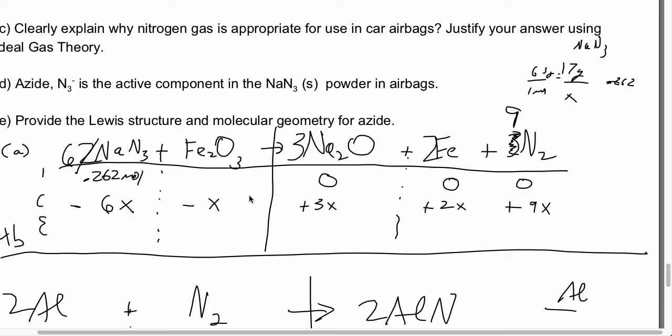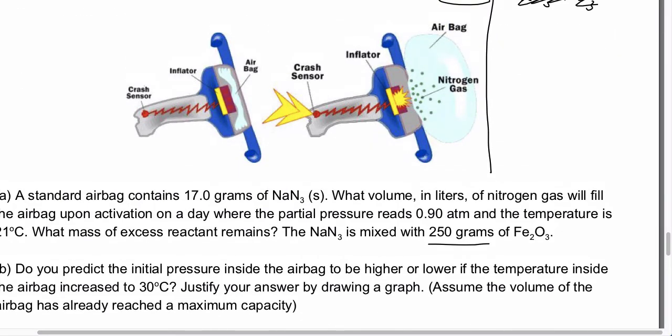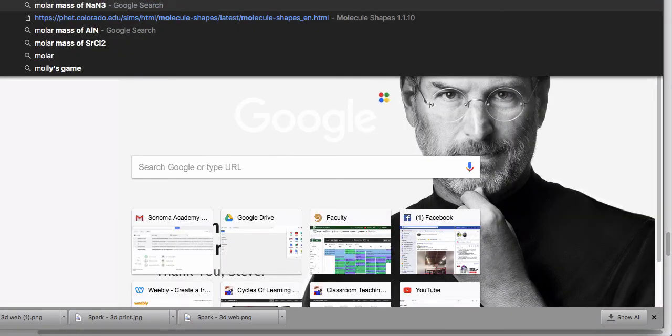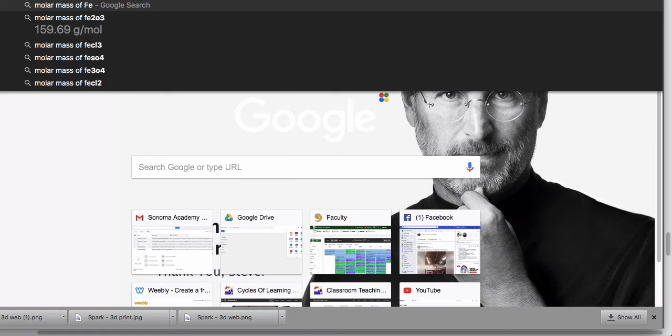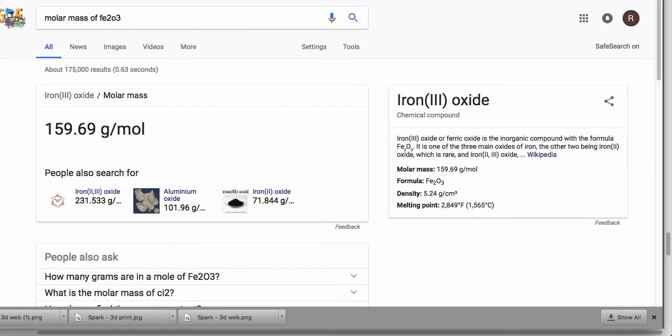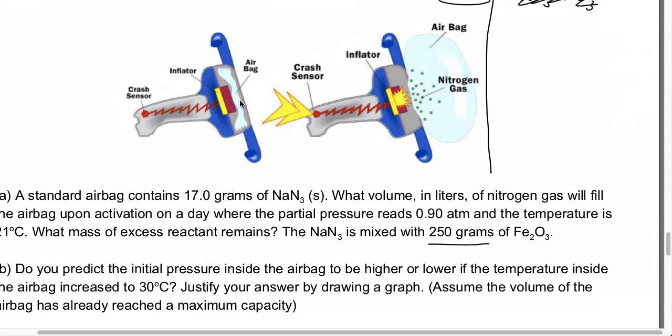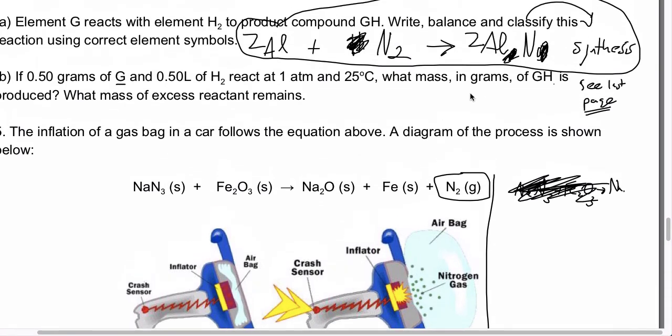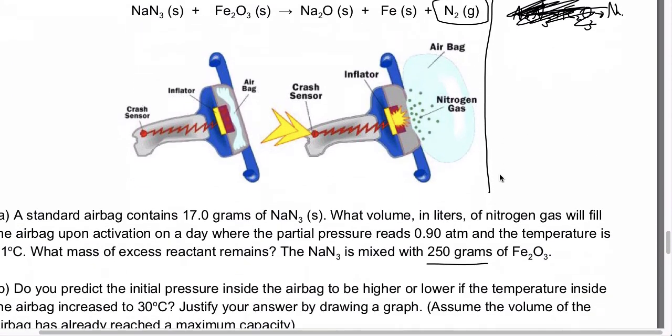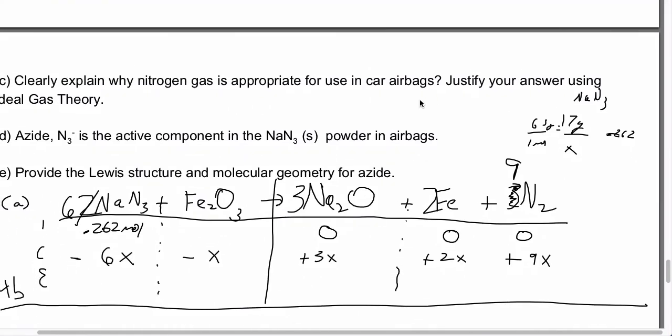And molar mass of Fe2O3, iron(III) oxide, if I remember correctly, that should be around 159.7. Okay. So for the, sorry, it's so ugly.